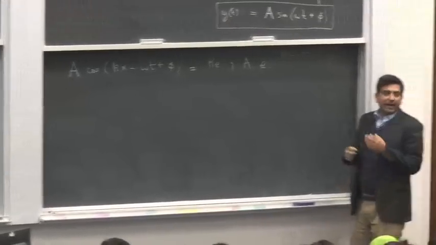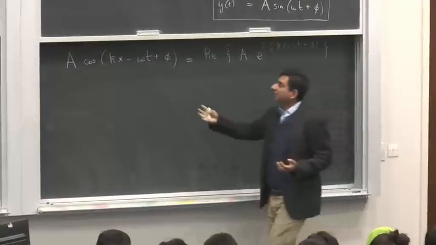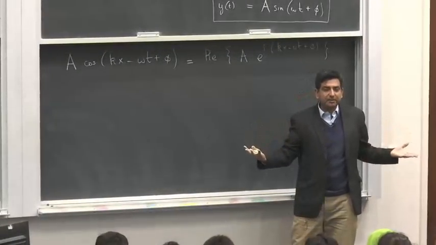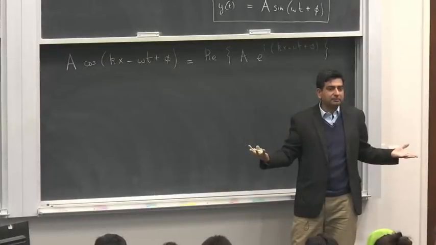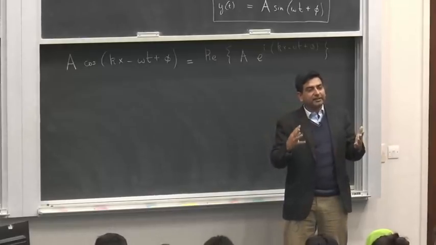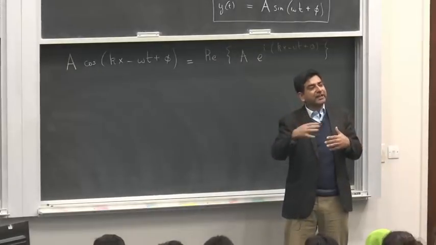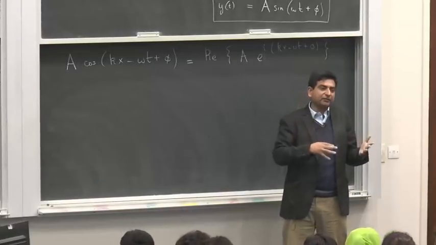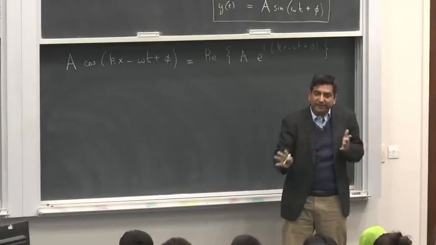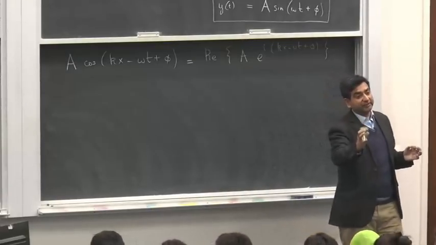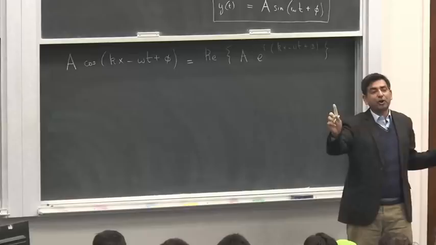I've just identified the cosine function with the real part of a complex number. That's what a complex number means. It has a real part and an imaginary part. The real part is the cosine of the phase, and the imaginary component is the sine of the phase. That's all there is to it. So it's just a notational convenience for the time being. Nothing beyond notation.